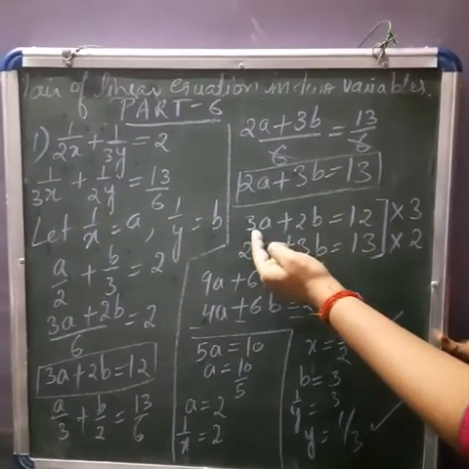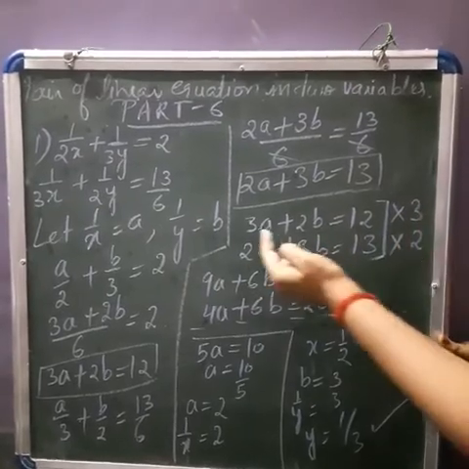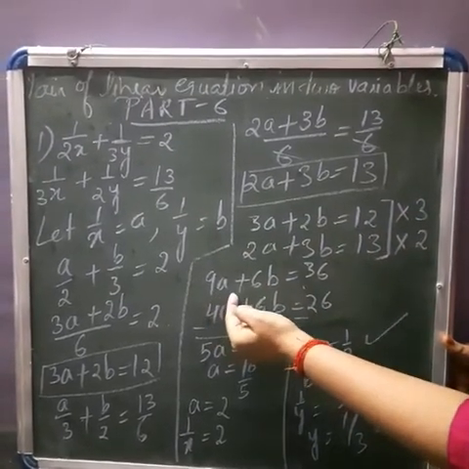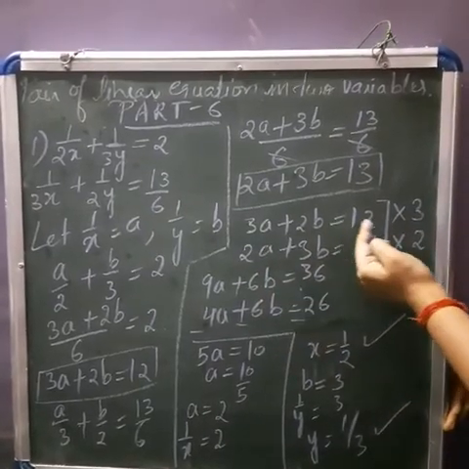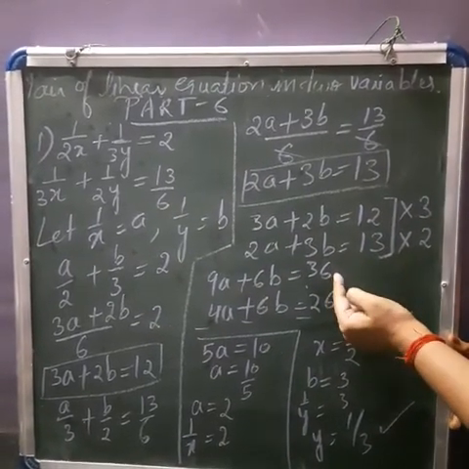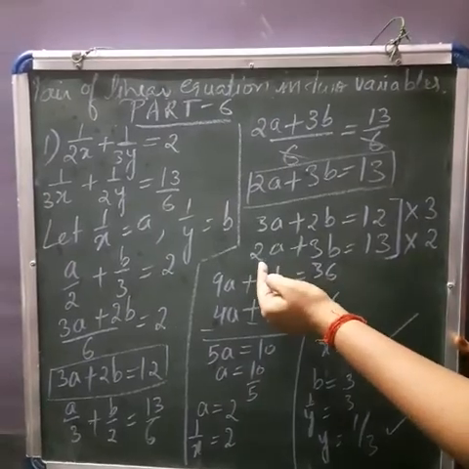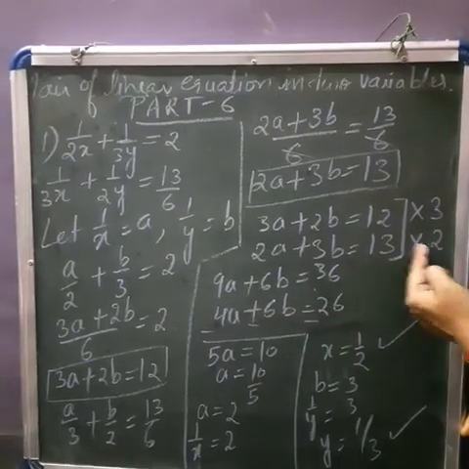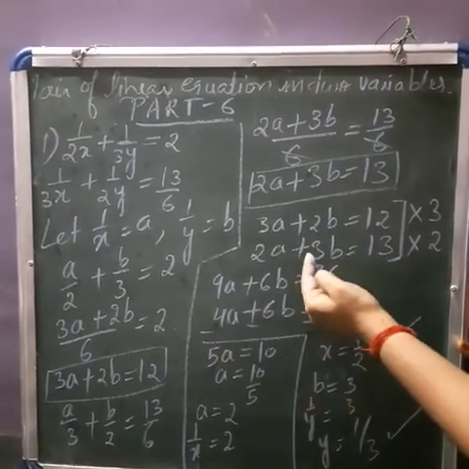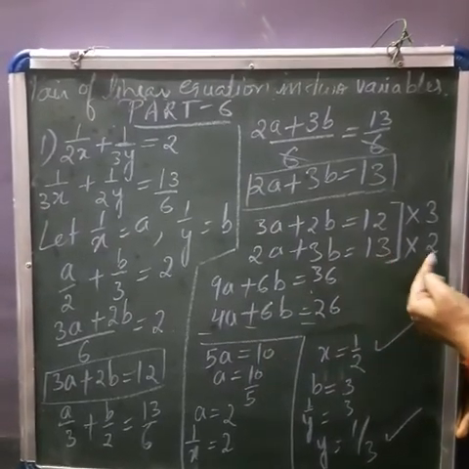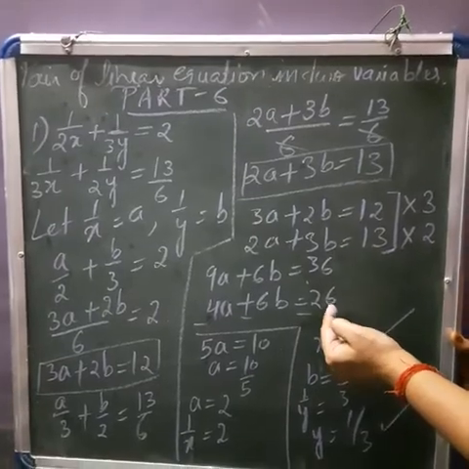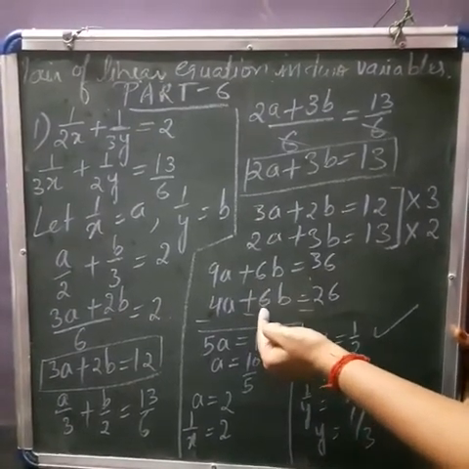So equation number 1 multiplied by 3: 3 multiplied by 3, 9a, plus 2b multiplied by 3, 6b is equal to 12 multiplied by 3, 36. And equation number 2: 2a multiplied by 2, 4a, plus 3b multiplied by 2, 6b is equal to 13 multiplied by 2, 26. Now we have plus 6b and plus 6b.